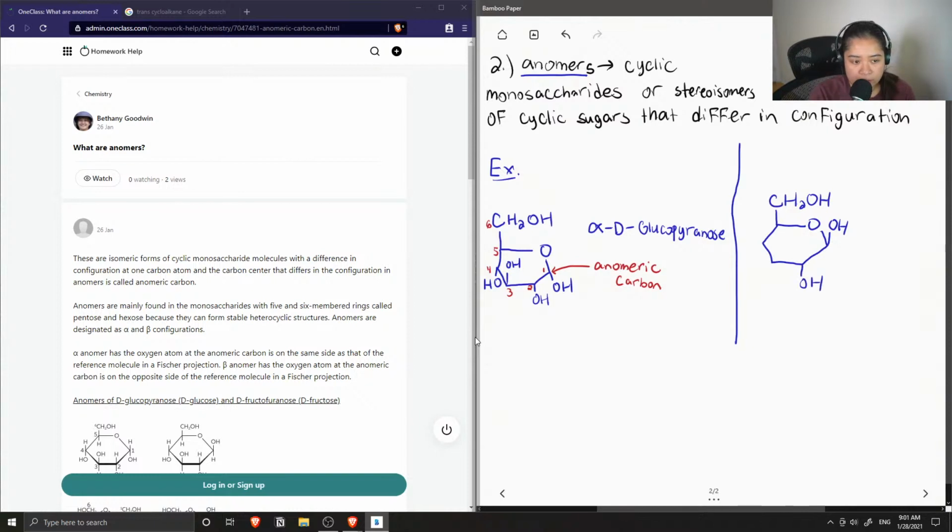And then I'll just draw the rest in the same configuration. And again, we can label our anomeric carbon. And the name of this anomer is beta D glucopyranose.